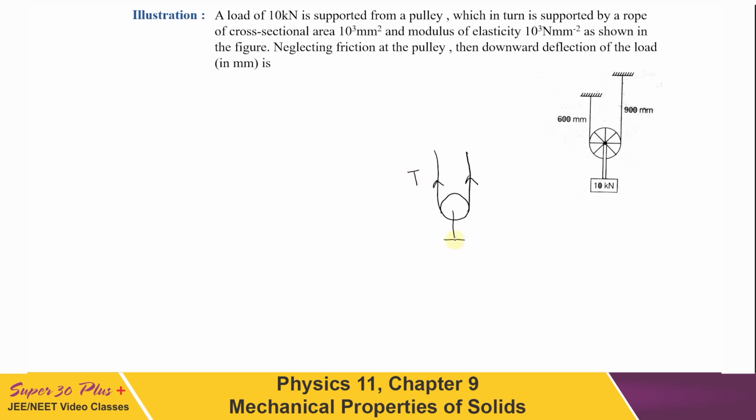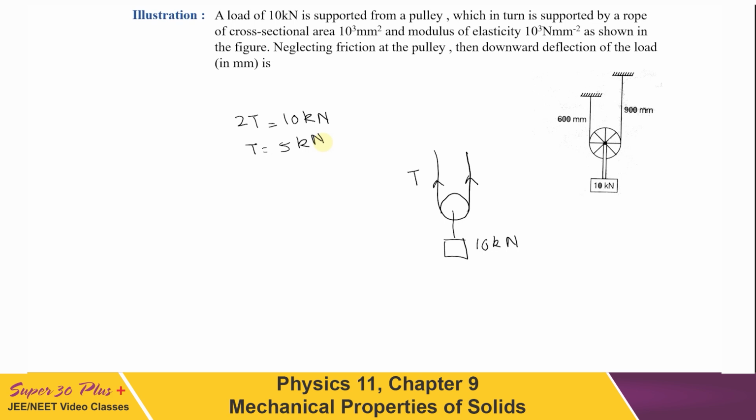So from here this is 10 kN. We can write that 2T should be equal to 10 kN. So T we got as 5 kN. That is the tension in the rope. Of course, this tension will produce a stress in the rope.